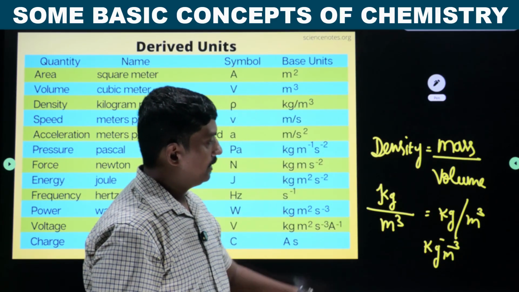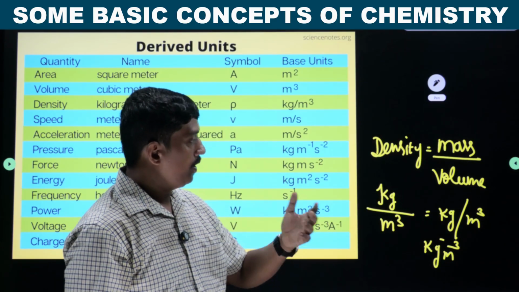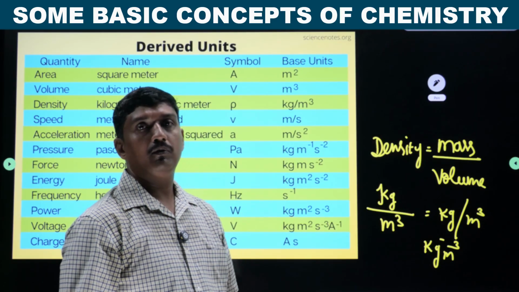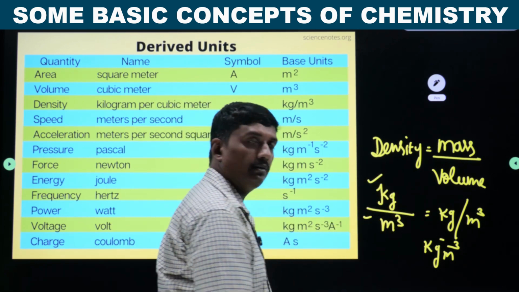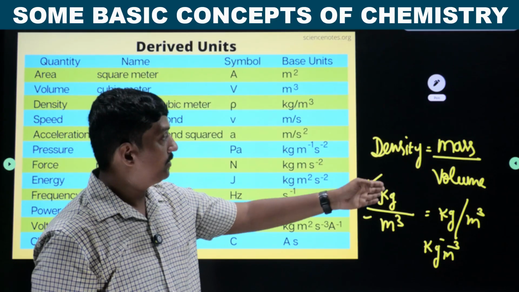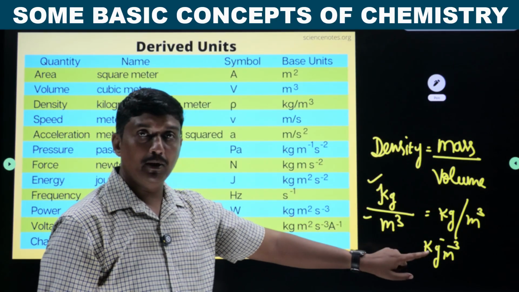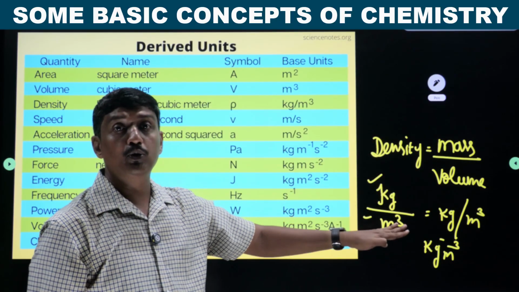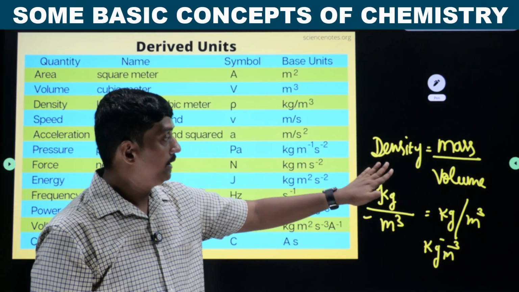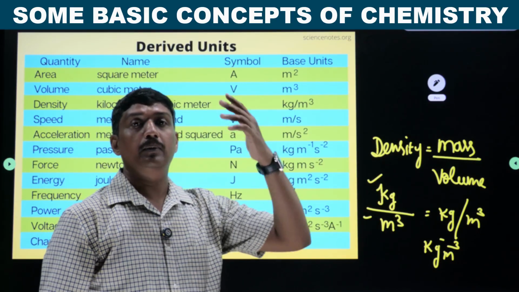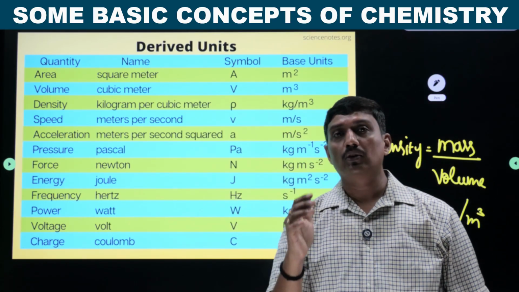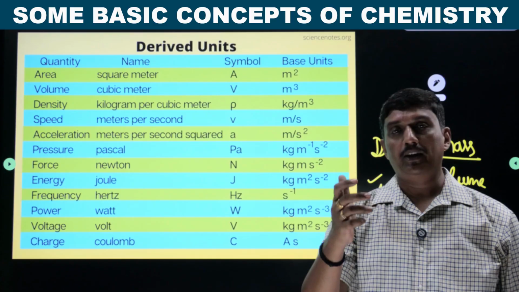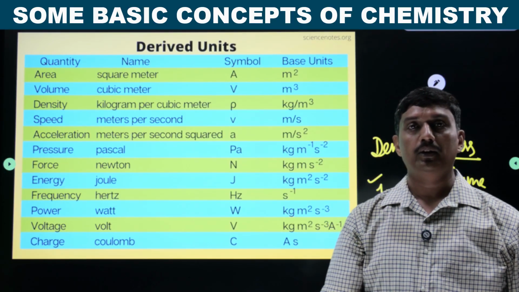Now, you have two fundamental units here, one is kilogram, another is meter. Density unit is kg per meter cube. It is a derived unit because it is associated with fundamental units. This is how the units are classified into fundamental units and derived units.